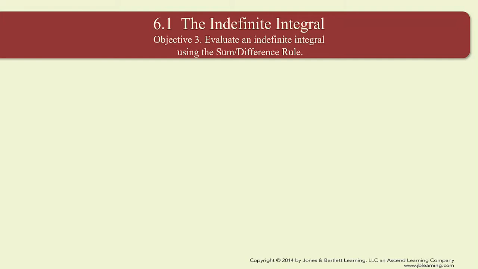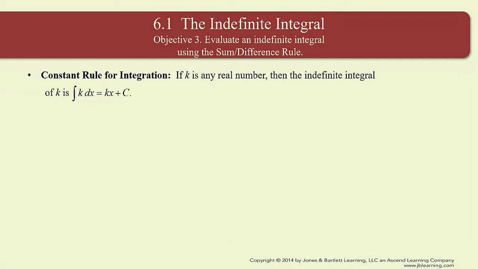So moving on, we're going to get some more rules here in Objective 3. The next rule is called the constant rule for integration. This is pretty straightforward. If k is any real number, then when you integrate k dx, you get the antiderivative to be kx plus c.